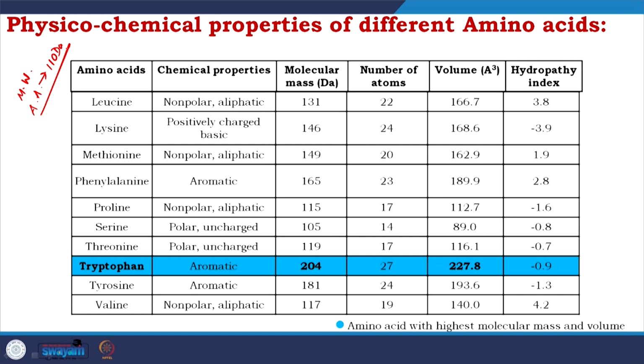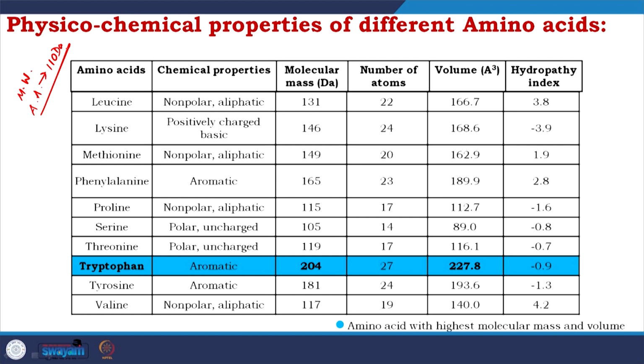Methionine 149, phenylalanine 165, proline 115, serine 105, threonine 119, tryptophan 204, tyrosine 181, valine 117. Tryptophan is the amino acid with the highest molecular mass.